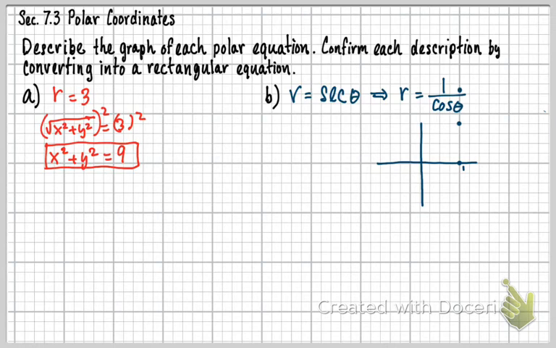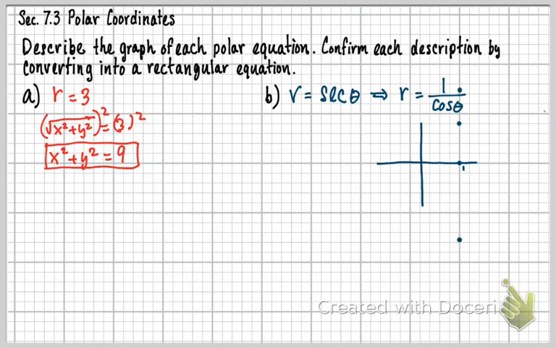So now if I keep going, if I get to pi halves, I get undefined. So what happens is if I get undefined, that means I am actually straight up here, and I am actually not on my graph anymore. And then when I go beyond that, it actually puts me down here.